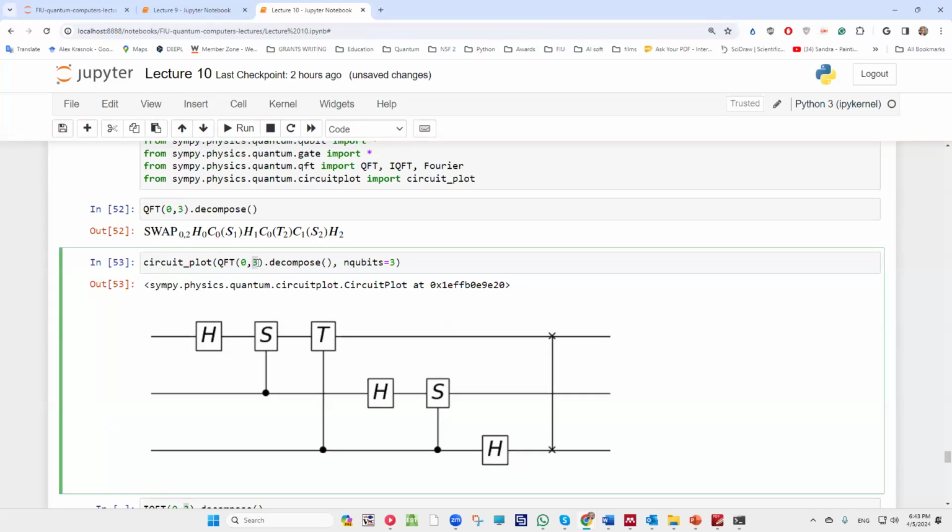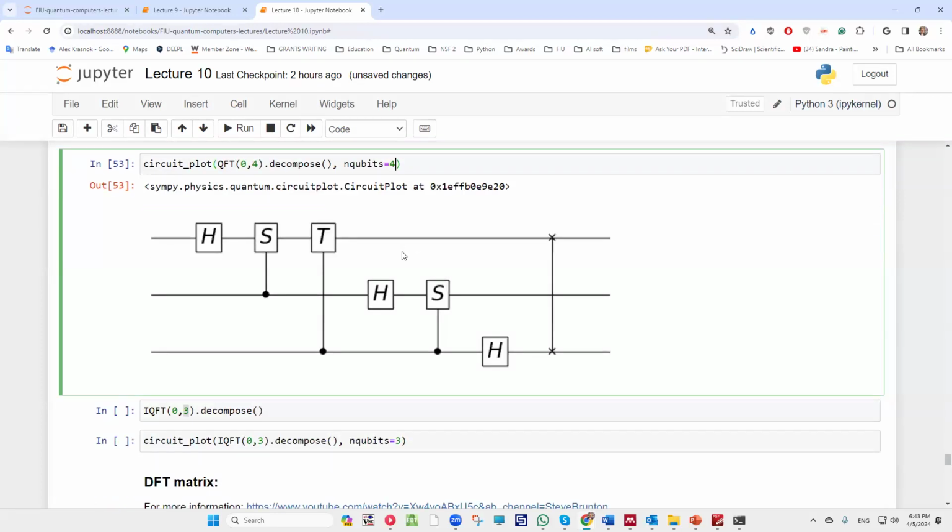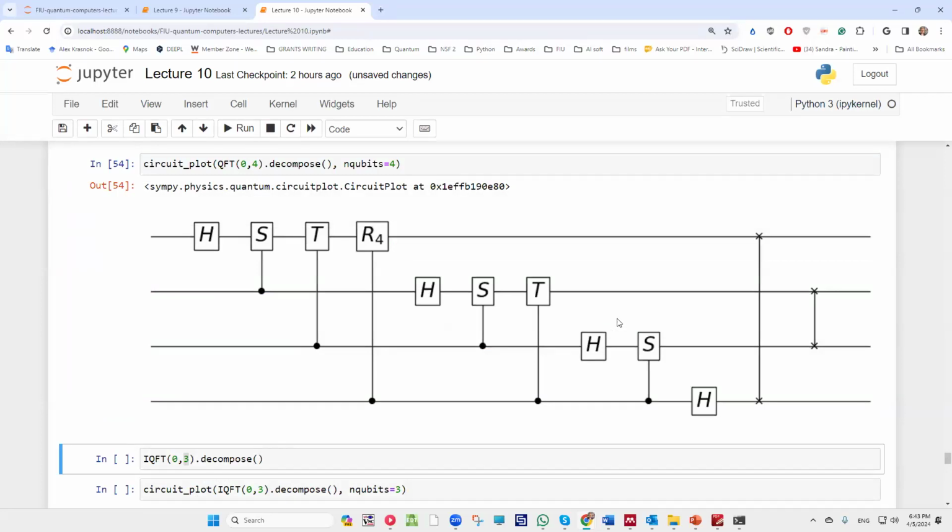What about larger systems? If I add 1 more qubit to this quantum Fourier transform, I get a circuit like this.